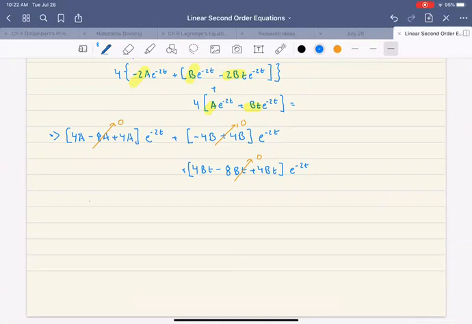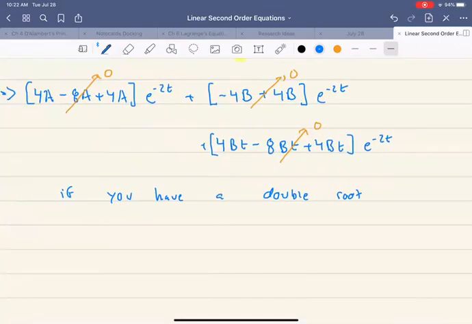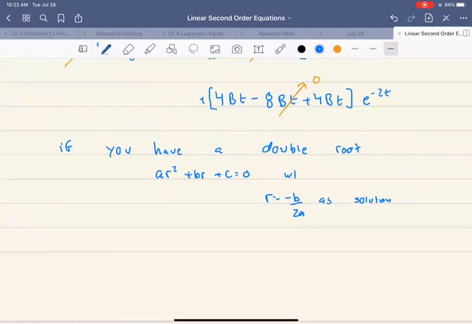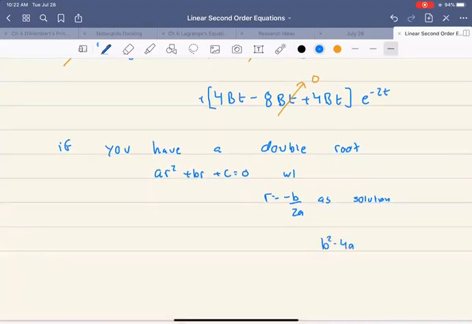As a rule, if you have a double root, okay, so that means ar squared plus br plus c equals 0 with r equals negative b over 2a as the solution, and that means b squared minus 4ac equals 0, then you're going to have a e to the rt plus b t e to the rt is your solution.